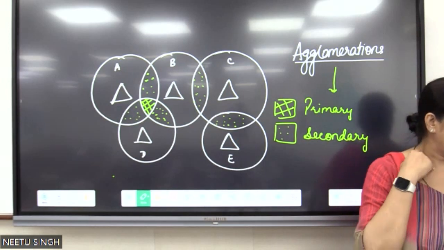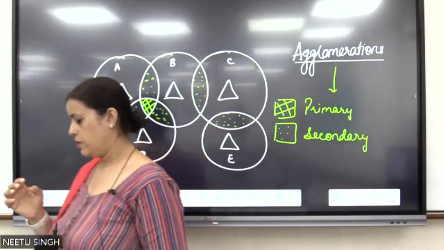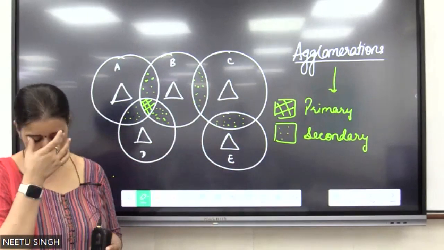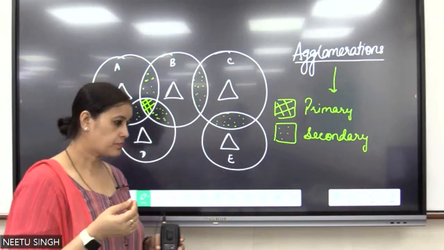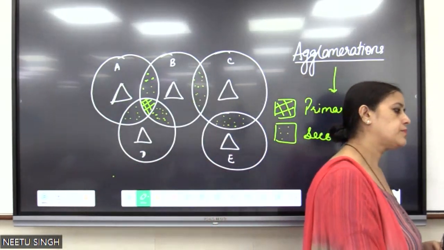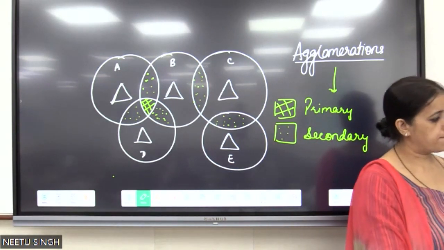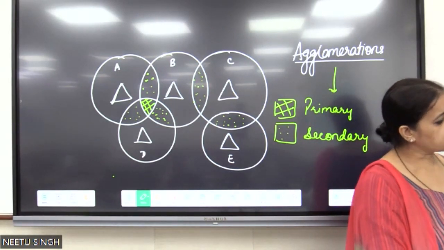Agglomerations, third and the final. And then you copy down this diagram. Then I'll repeat. Agglomerations. Point 1: denotes benefit of clustering.